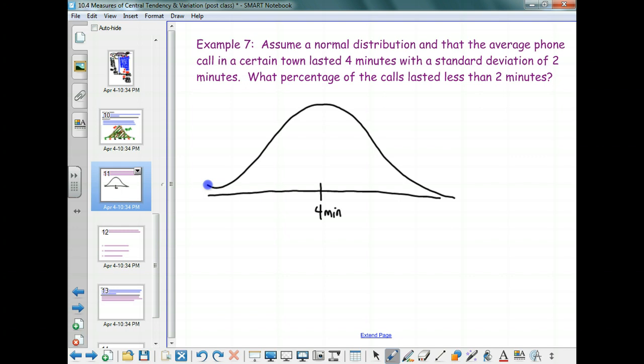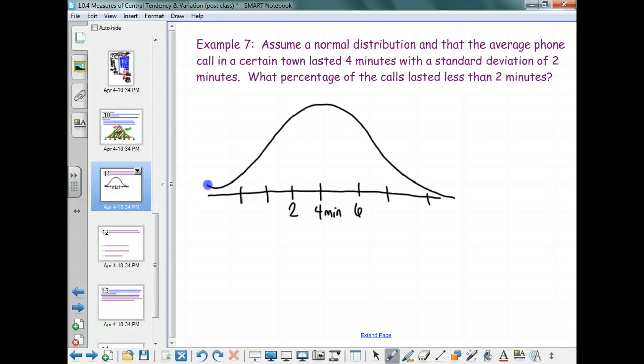I mean, we could write these out 1, 2, and 3, and 1, 2, and 3. But how far is the standard deviation in this particular problem? 2 minutes. So I am going to label the one that's to the left of this 4 with the number 2. It's 1 standard deviation, but 1 standard deviation here is 2 minutes. So 2 minutes on the left, and we would have 6 minutes on the right.